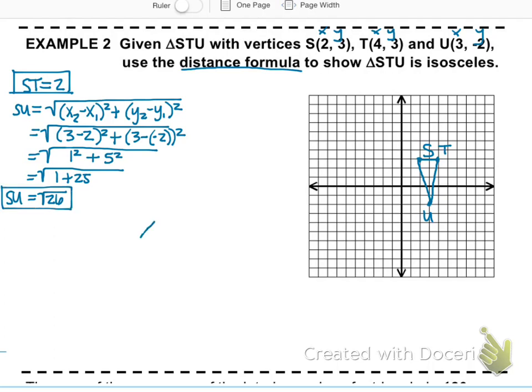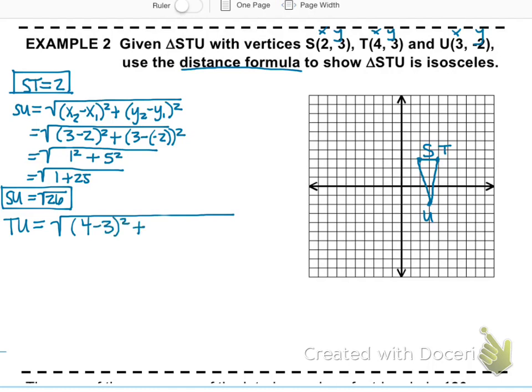Okay. Now all we need to do is to find the length of our last side, which is TU. So again, we need to make sure that we're using the right ordered pairs. We're using 4, 3 for T and 3, -2 for U. If we want to subtract our x's, we're going to use x values of 4 and 3, so we could just do 4 minus 3.